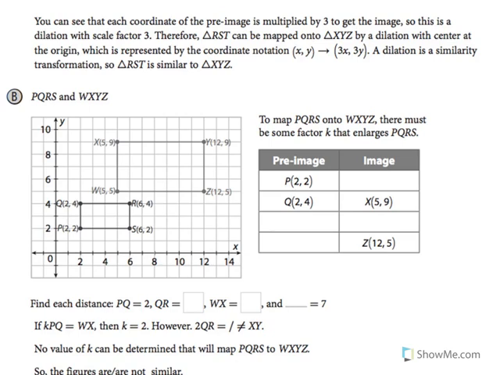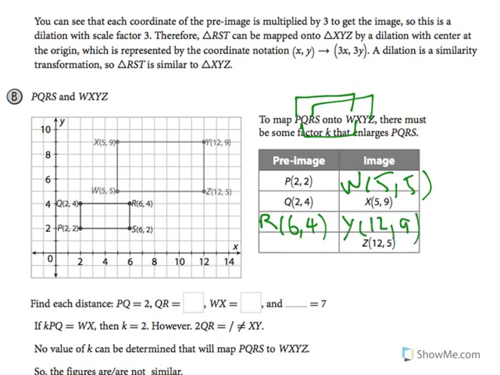To map PQRS to WXYZ, P is mapped to W, so the coordinate for W is (5, 5), and Q is to X, and R is to Y. The coordinate for R is (6, 4), and the coordinate for Y is (12, 9). And S is to Z, so the coordinate for S is (6, 2).